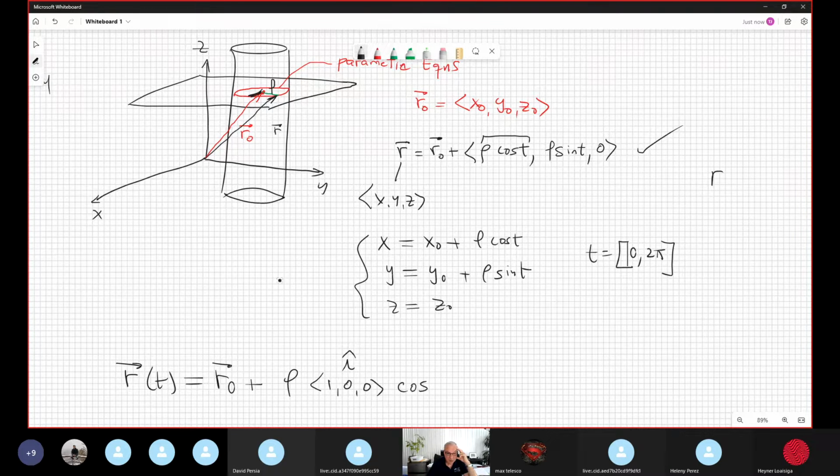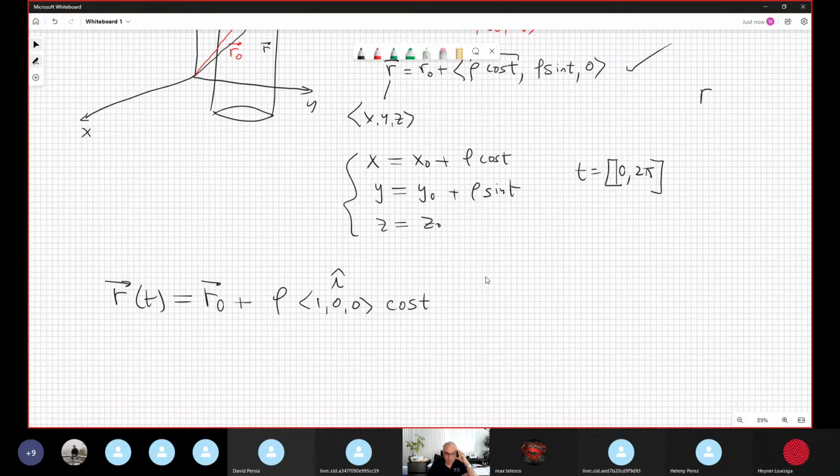So this looks like the part in the direction, cosine t. So basically, our equation you can write like that, plus rho 0,1,0 sine t.